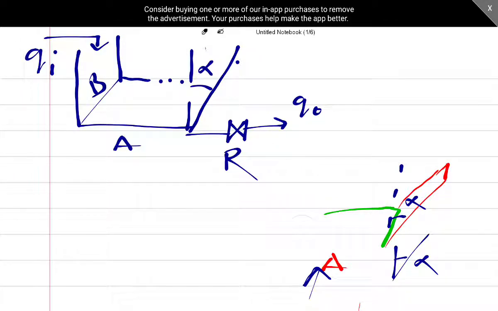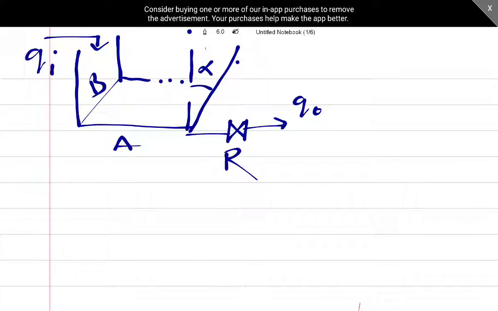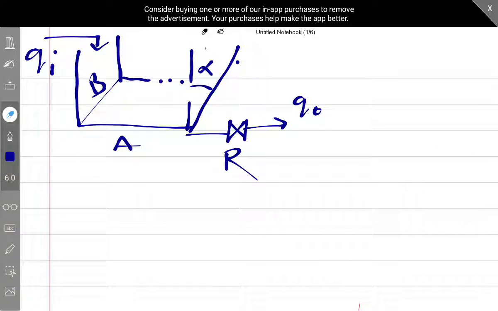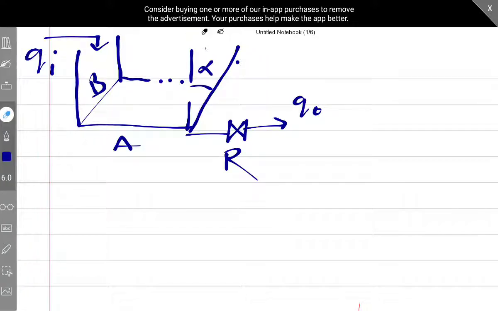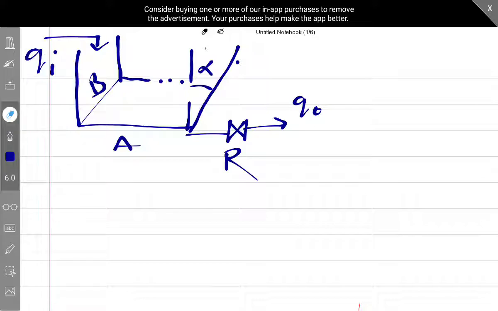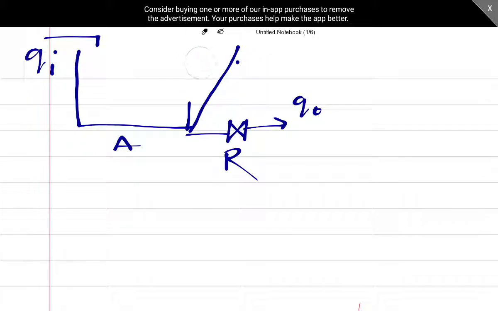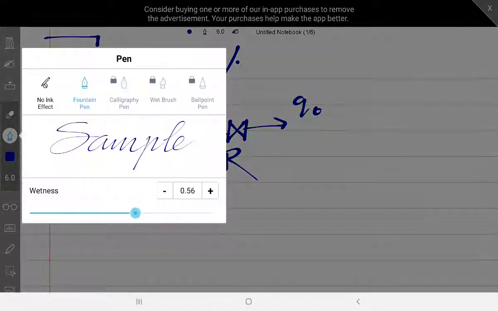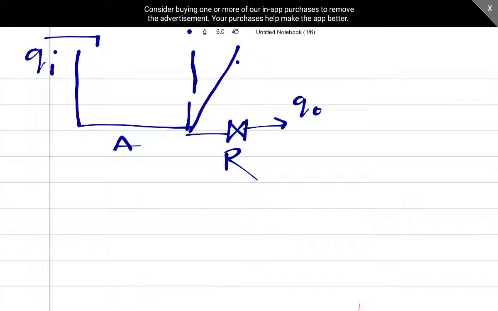Now I will remove this and try to find out the values. As this figure signifies, this part I am redrawing here.